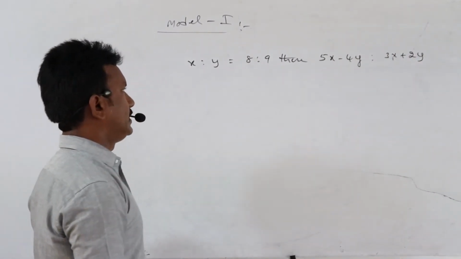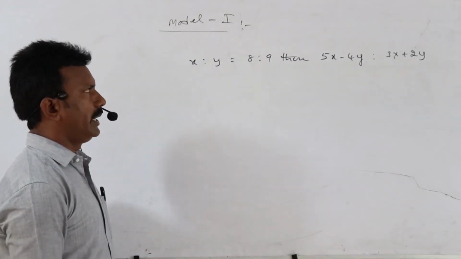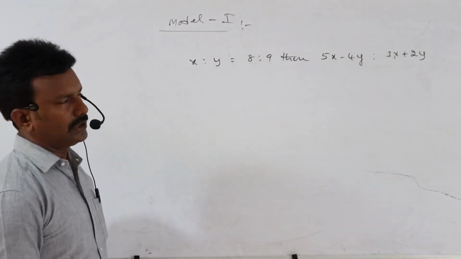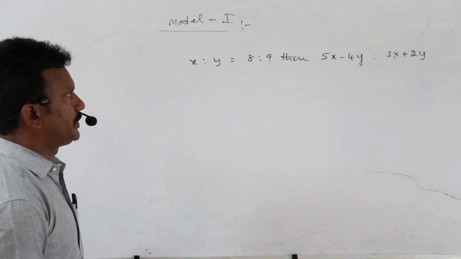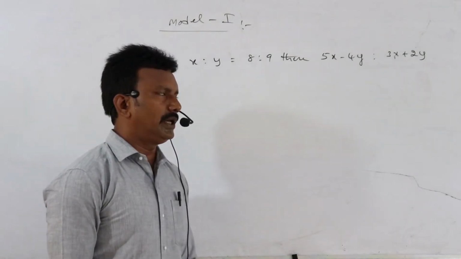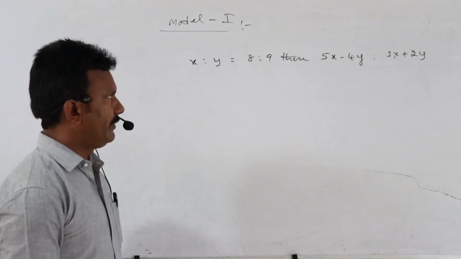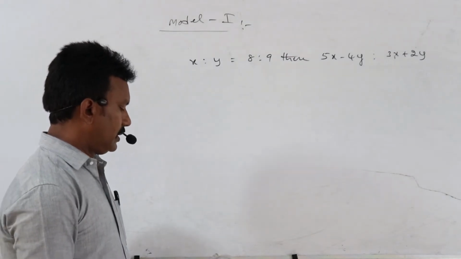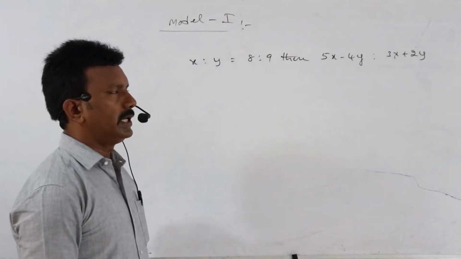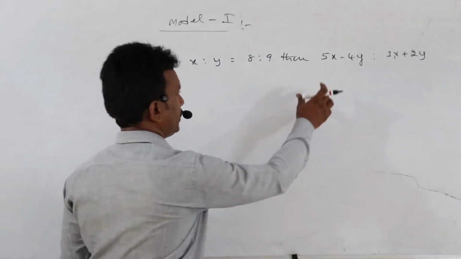So if x is to y is equal to 8:9, then what is the ratio of 5x minus 4y is to 3x plus 2y? What is the value of this ratio?